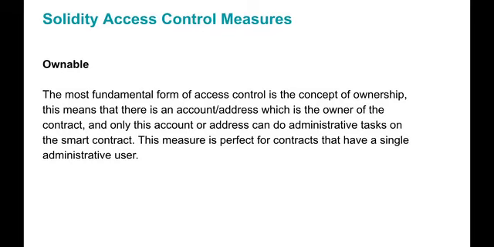It is majorly useful for contracts that have one admin, a single-person admin. So that person, address or account is the only account that has the admin role, or that is authorized to perform administrative tasks on the smart contract.